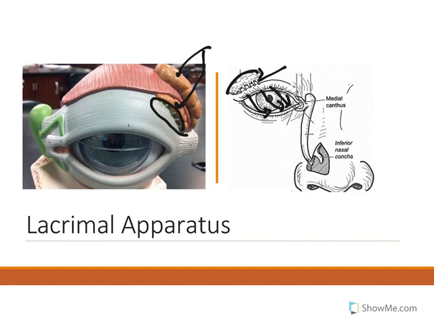And then it's going to drain into either what you see up here, which is the superior lacrimal canaliculus, or here, the inferior lacrimal canaliculus. And it will drain into this structure here called the nasolacrimal duct, which you see part of right there.